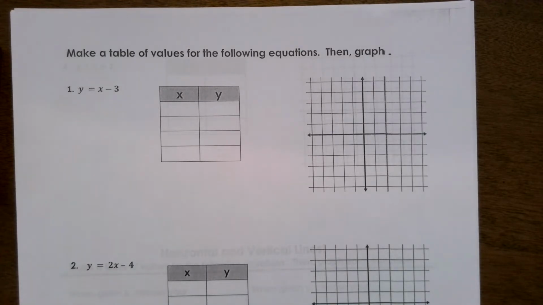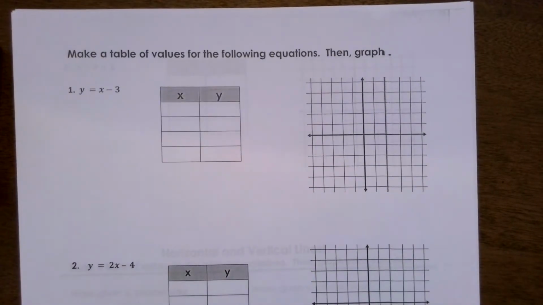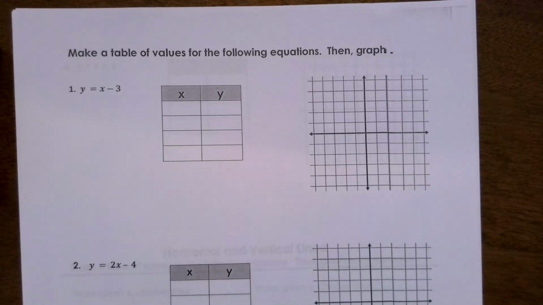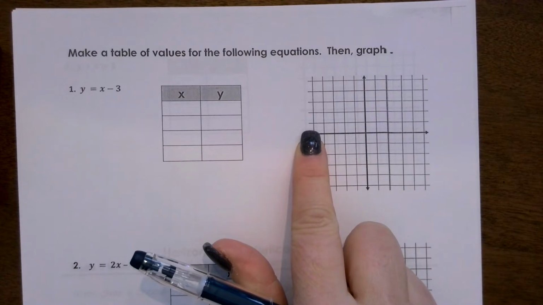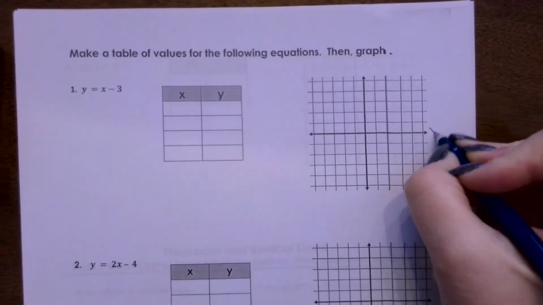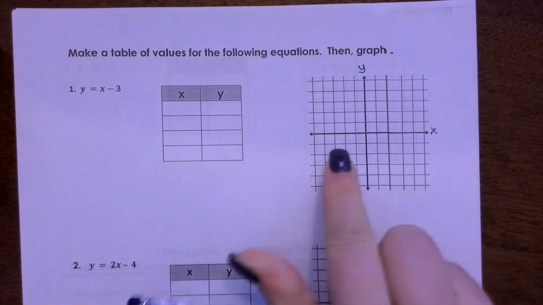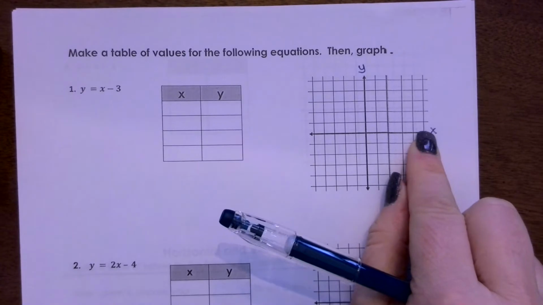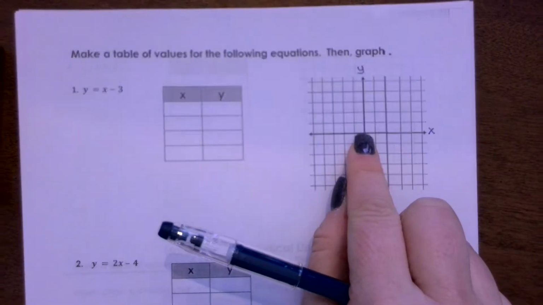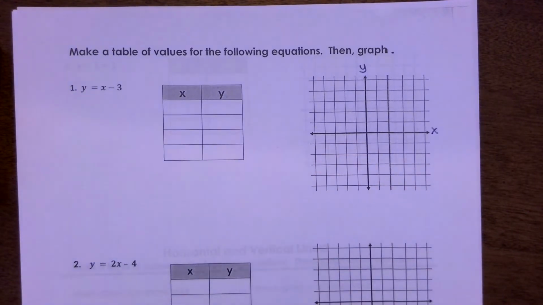Now, the next step is to create a table of values using the equation. And to do that, I'm going to start with my values of x. Now, when I look at my coordinate plane, I can see this is the x-axis and this is the y-axis, that this particular graph goes 1, 2, 3, 4, 5. So I can use values of x that go up to 5 and 0, of course, and -1, -2, -3, -4, -5.